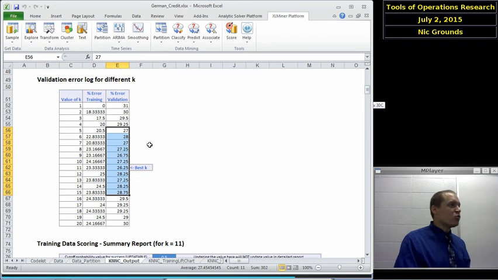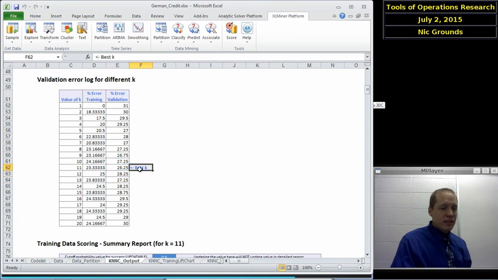And literally, if we repartition the data in a random way, we'd get different records in the training set versus the validation set next time. Or if somebody else did this on their computer, they might find that a k of 9 would be better for them, whereas here it just happened to work out that a k of 11 was slightly better for this particular partitioning, okay?